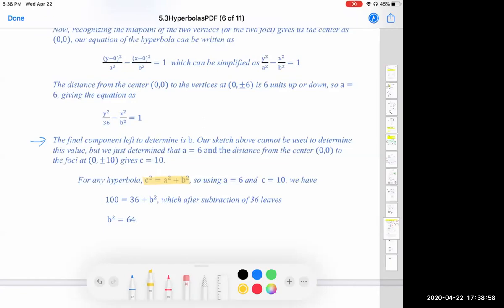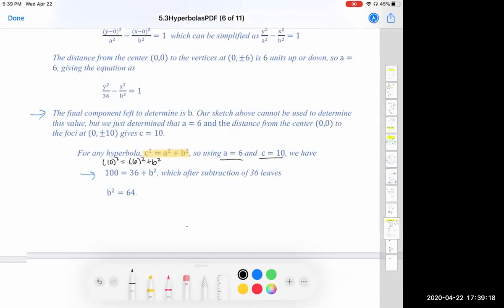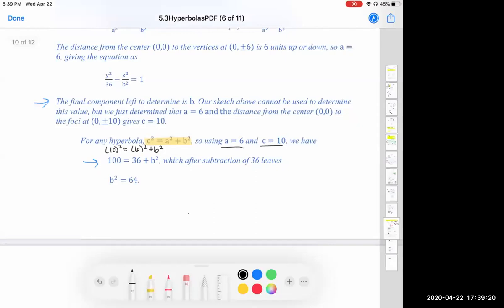So I can do a bit more algebra. Remember, this comes from c squared is equal to a squared plus b squared. And we said a is 6 and c is 10. So this will be 10 squared is equal to 6 squared plus b squared. And that's where those numbers come from, the 100 and 36.